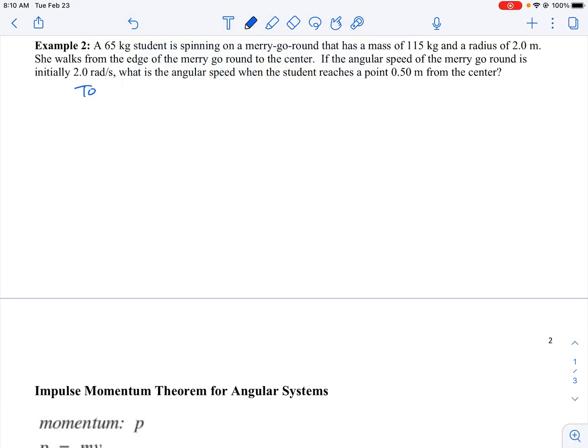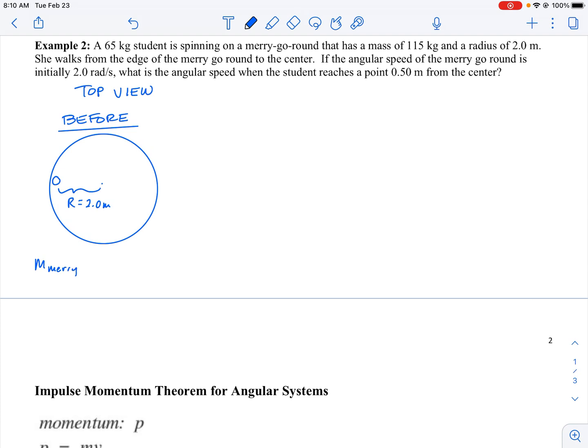Okay, let's draw a sketch of this. I'm going to draw a top view. And when I draw my sketches, just like with linear situations, I'm going to draw a before scenario and an after scenario. So here's the merry-go-round, and she's starting at the edge of the merry-go-round. Her radius is 2 meters.